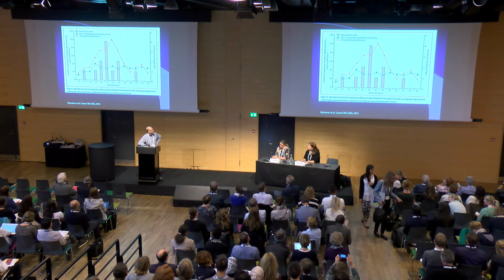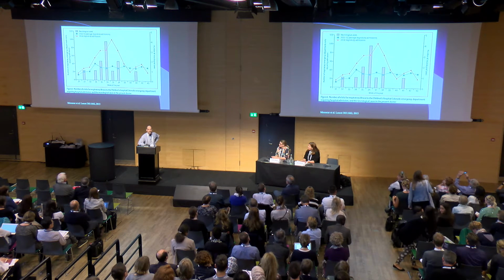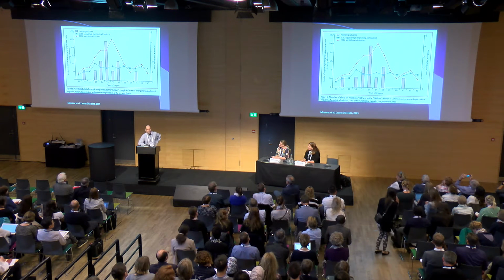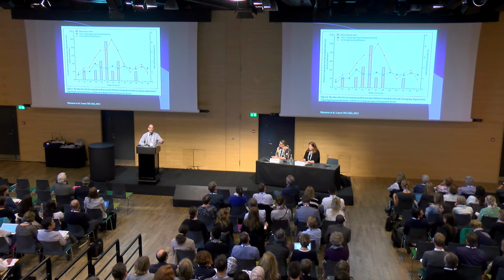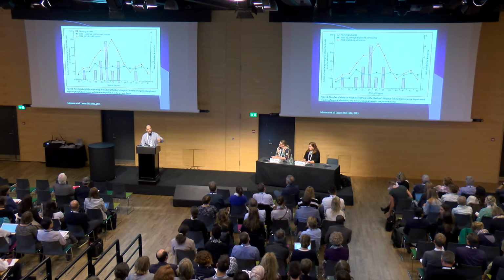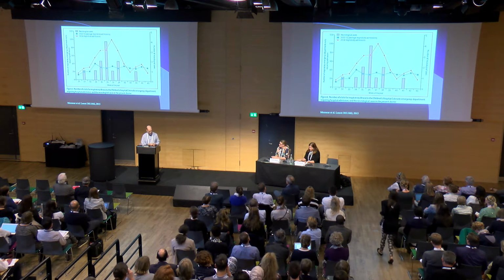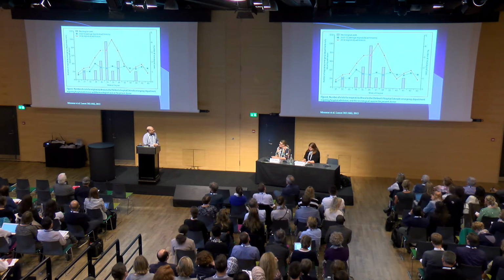So everybody was sort of overwhelmed. And what I want you to notice is underneath the mountain peak, those purple bars, this was the coincident appearance of these cases that we would now call acute flaccid myelitis that were happening time-linked to this unusual surge in respiratory admissions.